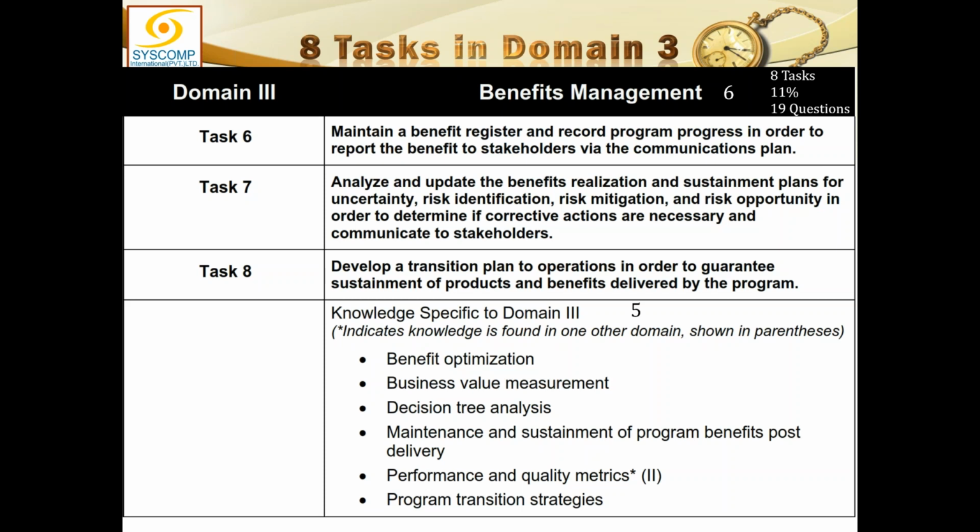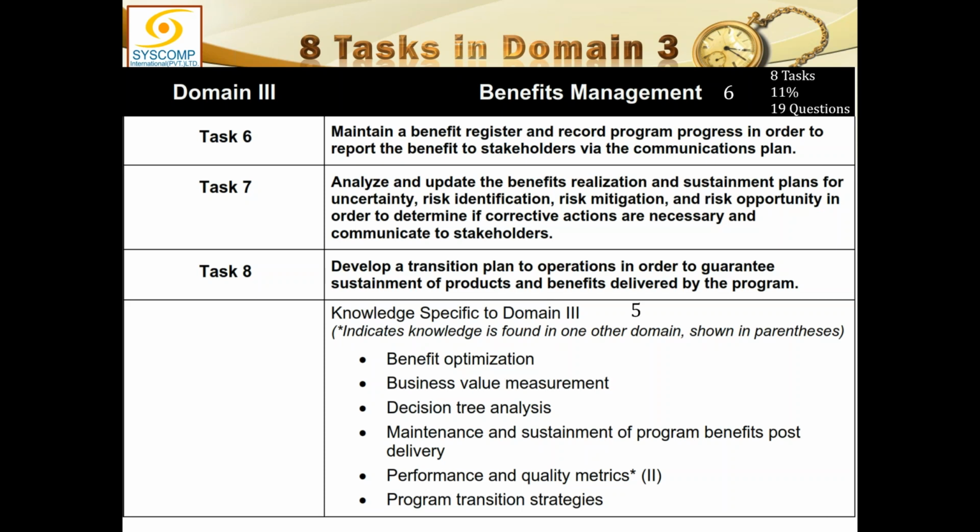If it is a benefit management plan, it will tell you what the benefits are, how benefits are to be identified, how they are to be treated, what tools can be used. So, general guidelines about how the benefits will be managed on this program.